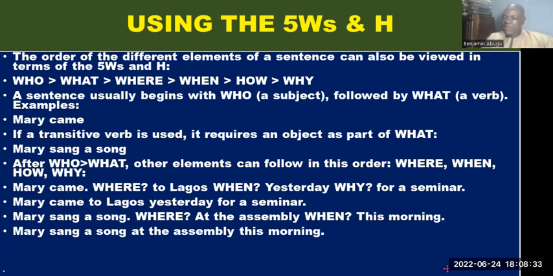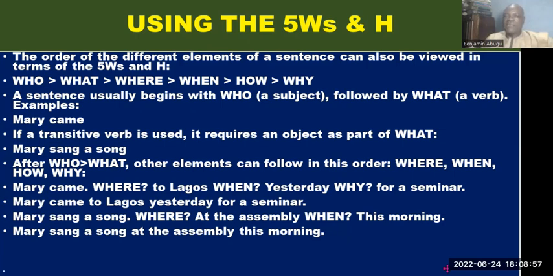Now, I earlier explained the subject and the verb as who does what, all right? The SVO, already we explained it as who does what. Who stands for the subject, the doer of the action, and what stands for the verb, the action.